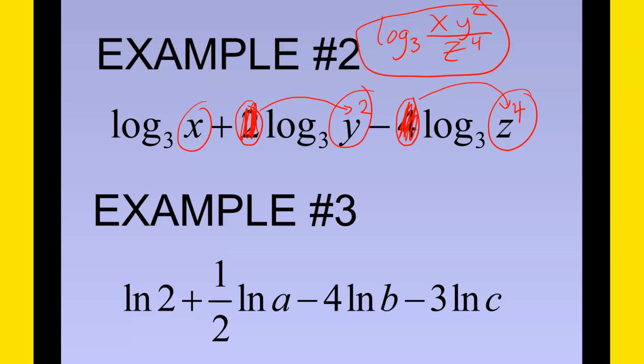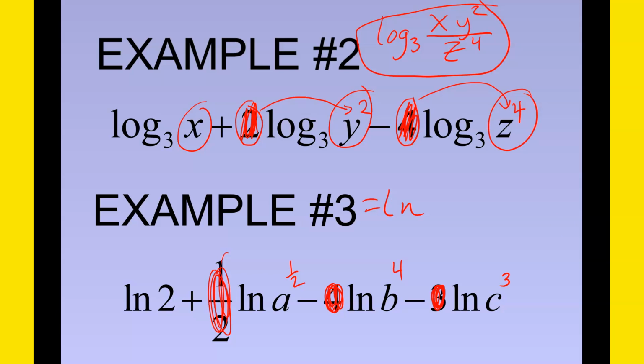All right, let's go for example 3. I'm going to rewrite the 1/2 right here. Okay, so that's gone. I'm going to rewrite the 4 there. So that's gone. I'm going to rewrite the 3 there. And that's gone. So now when I write my answer, it's going to be one single ln. And anything that's added is going in the numerator.